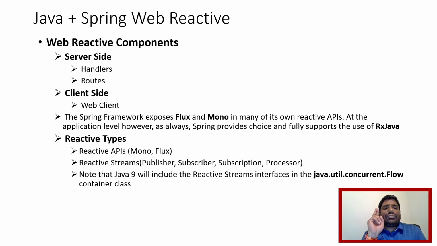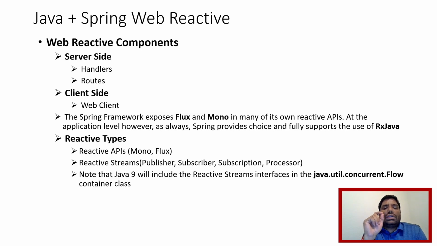Spring Framework exposes two types of APIs, basically Mono and Flux. Mono means only one object. Say I am going to get from the database a record for a particular identifier, such as employee ID; you will see only one single employee record.